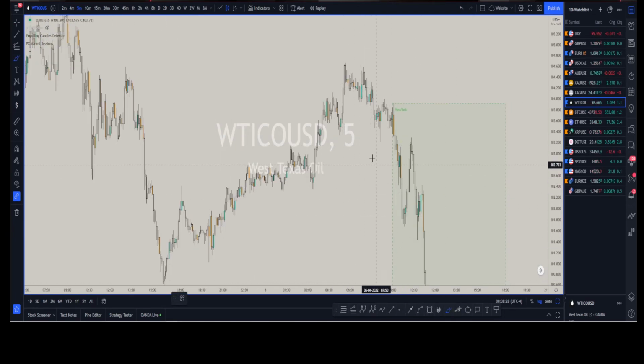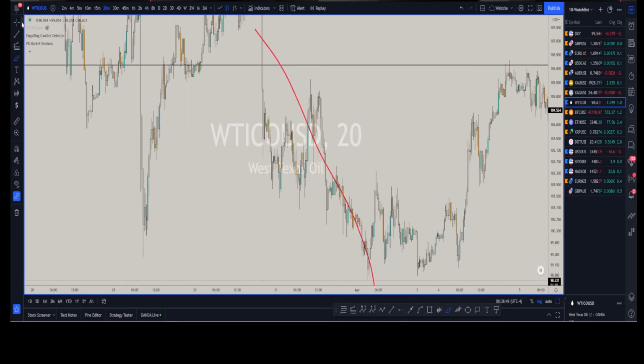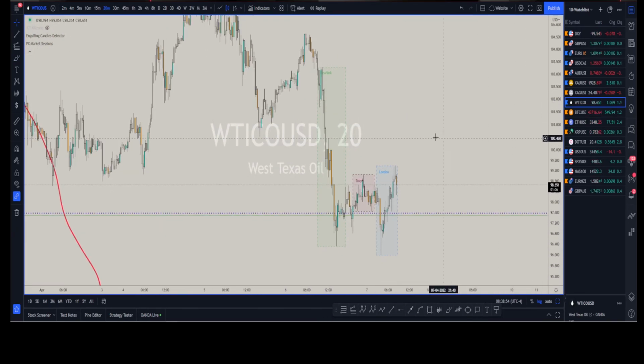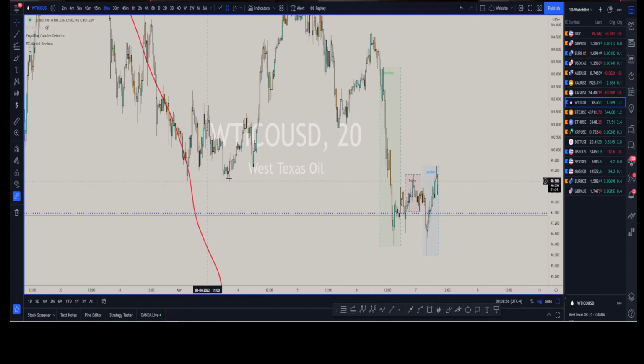We said yesterday, watch a break of this, come back in between these areas for a short, and thus you could have entered aggressively here or here for more down to come. And it played out as expected. It's something that repeats all over the market, what I just explained. Your take profit should have been around these areas.